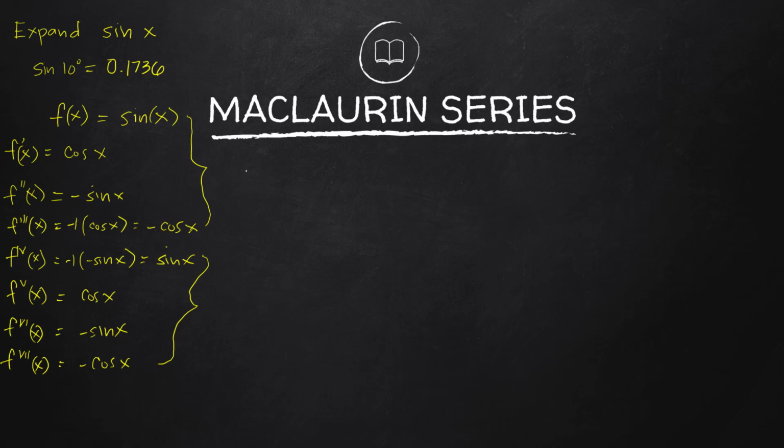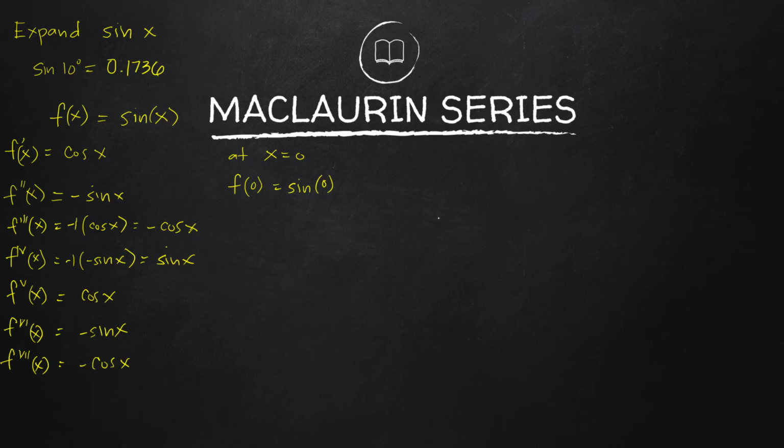Now, let us now evaluate the function and its derivative at x is equal to 0. So at x is equal to 0, f of 0 is equal to sine of 0.